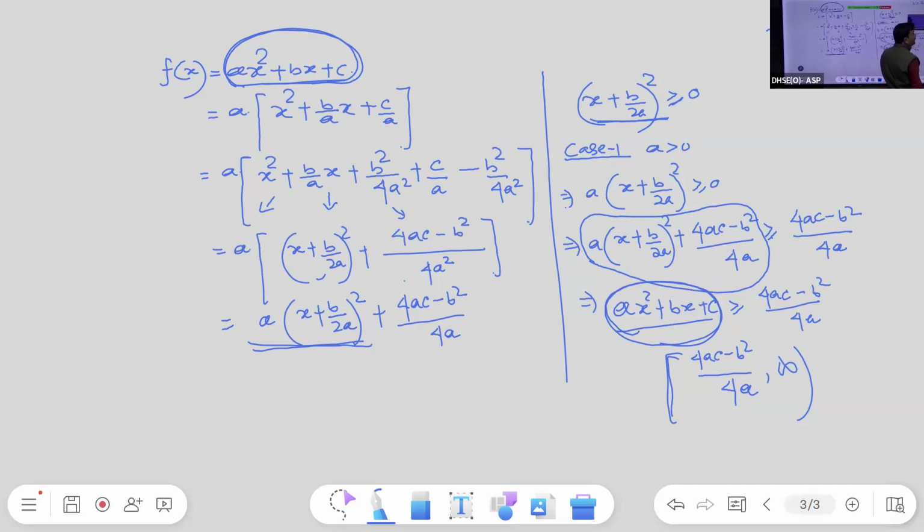If a negative quantity is multiplied, then the symbol will be reversed. For example, if you multiply 2 to both sides of this inequality, 6 will be greater than 4. But if you multiply negative 2, minus 6 will be less than minus 4. That's why we have to take two cases, a greater than 0 and a less than 0. I hope it is clear.